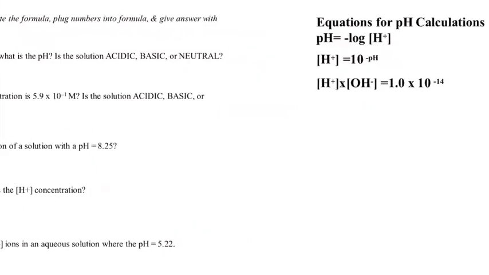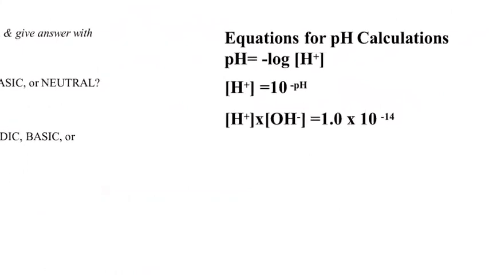Then let's get started. When it comes to the equations for pH, you guys are going to have three main equations. The first one is the one that I introduced a moment ago: pH equals the negative log of the concentration of hydrogen ion. Remember, H plus concentration is going to be the same thing as H3O plus concentration.